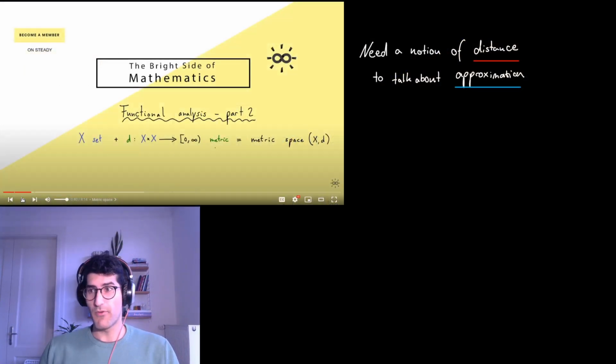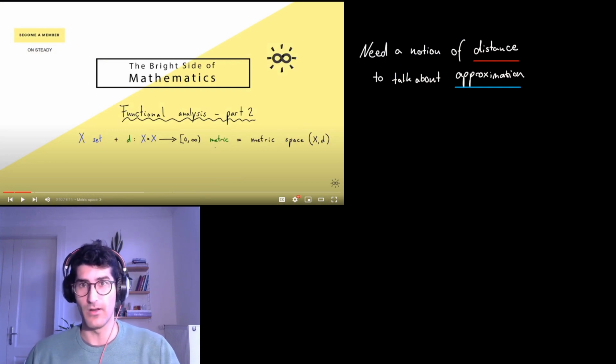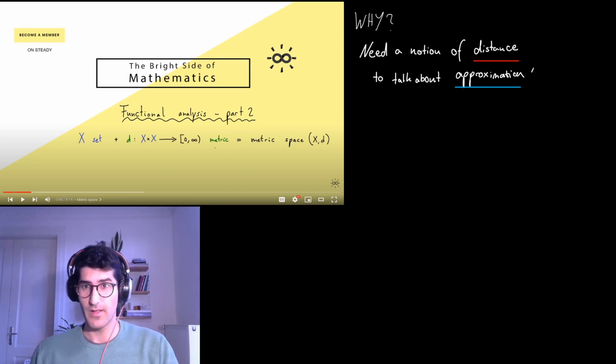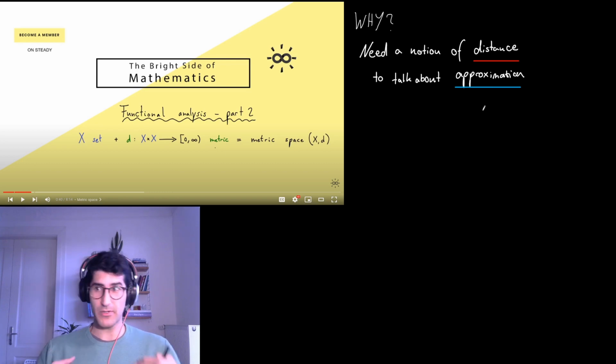So, before we dive into the examples, let us quickly recap why we are doing all of this. As already said, we want to talk about sequences, accumulation points. To sum up, we want to talk about approximation of objects in infinite dimensional vector spaces or other types of sets.